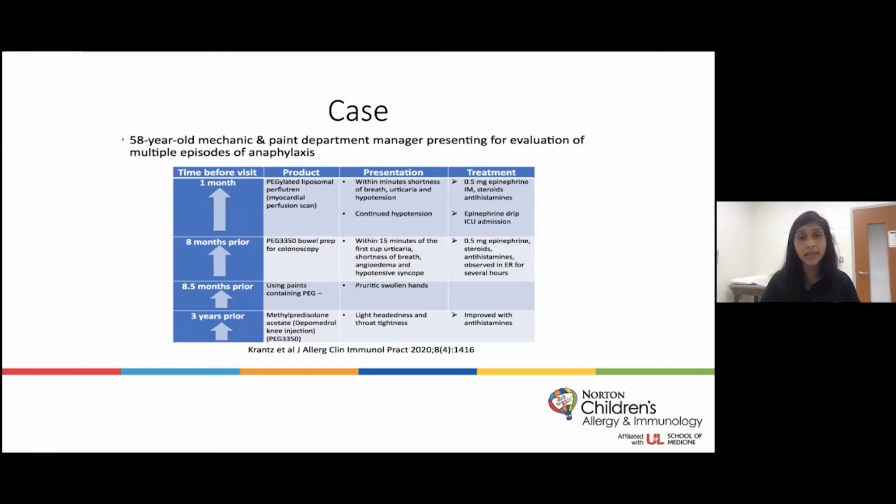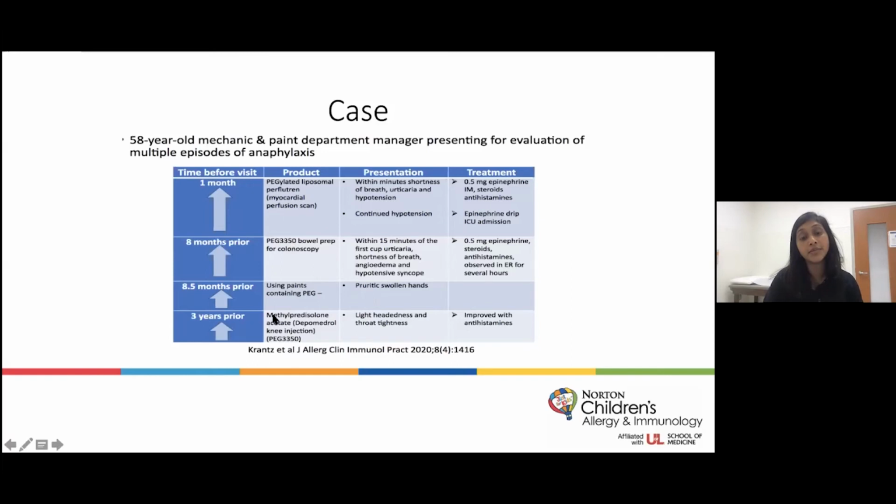This patient was a paint department manager. 3 years prior, he had a depot shot in his knee. All he developed was lightheadedness and throat tightness, which improved with antihistamines. On more and more exposure, especially with paints containing PEG, he had pruritic swollen hands.